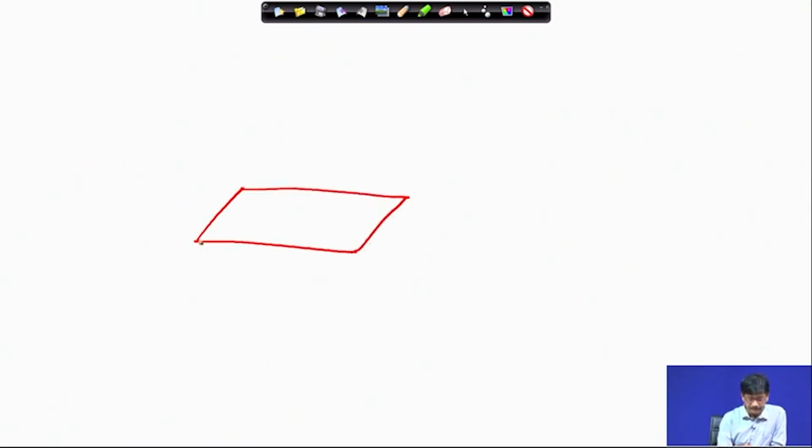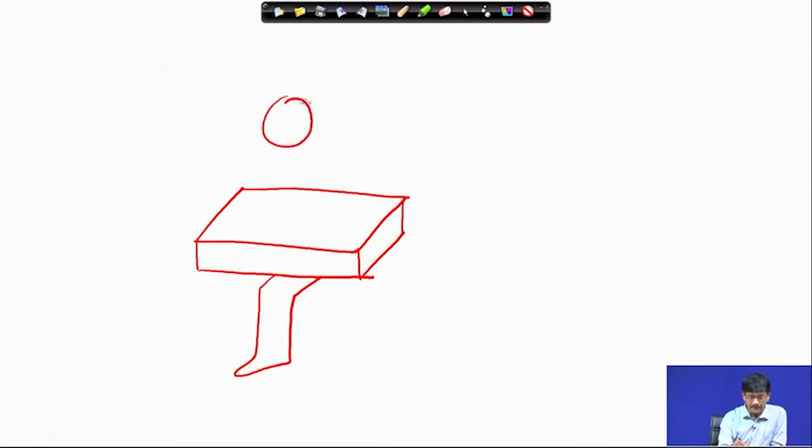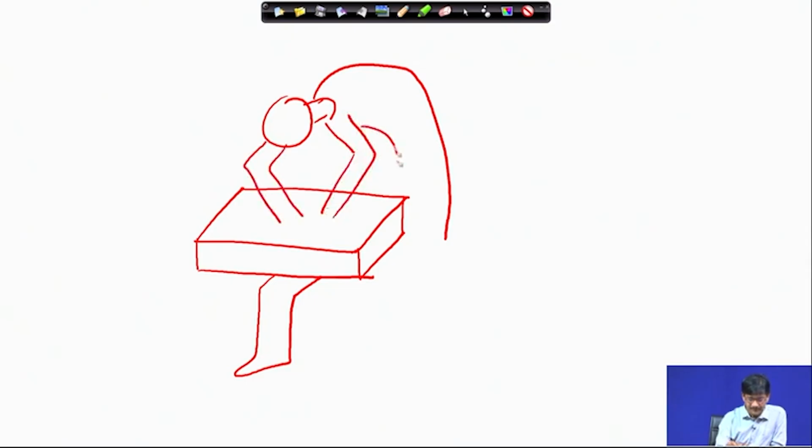This is the table, and the machine looks just like someone who is resting the table on his leg and leaning on the machine and doing some very important work. This is the milling machine.